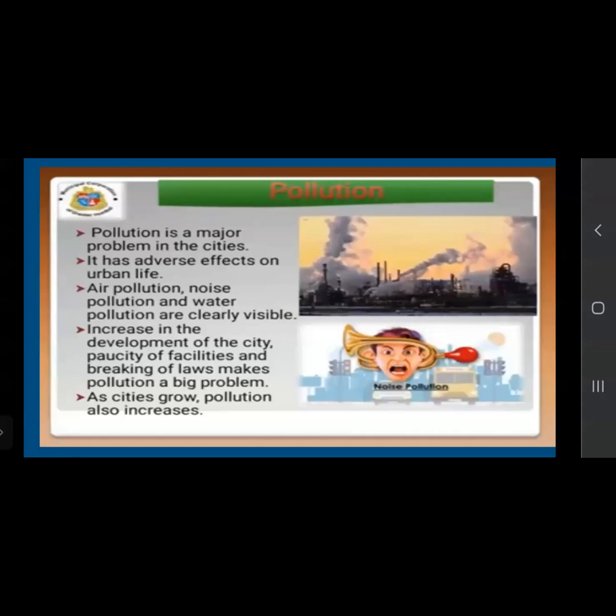Mostly carbon monoxide is emitted into the atmosphere through the chimneys of industries. In the second picture, you can see noise pollution. If any festival is going on, noise pollution is created, and the vehicles also create it.